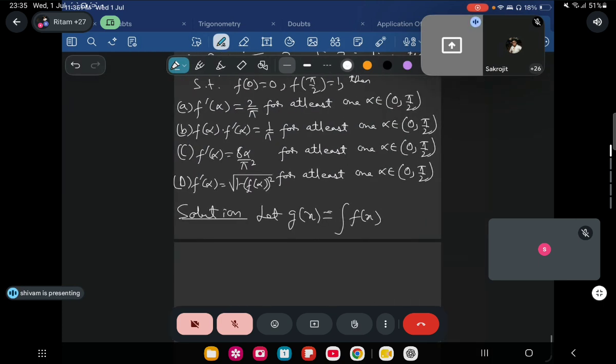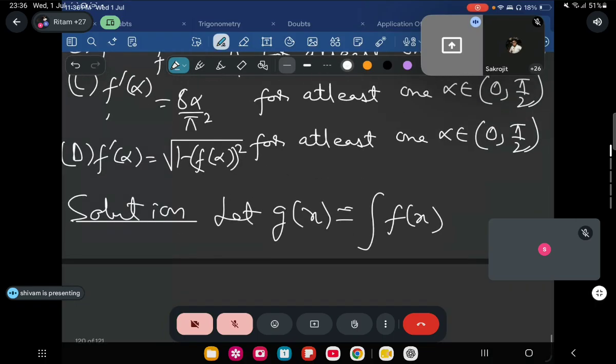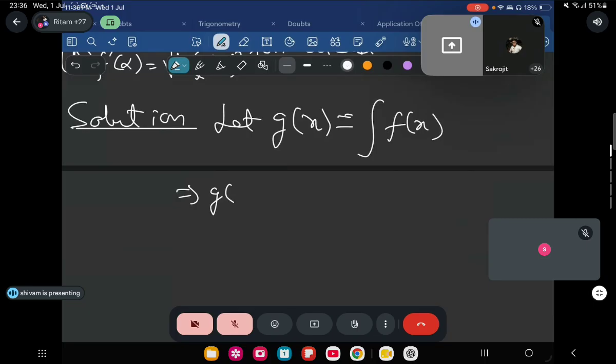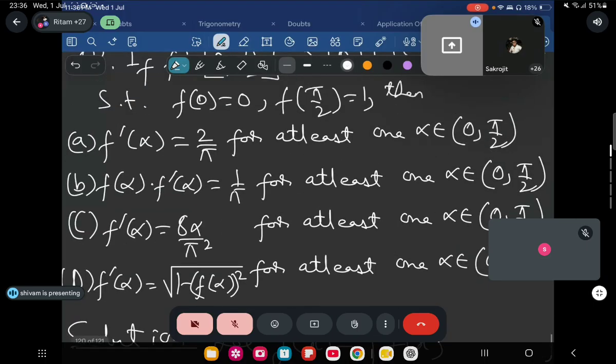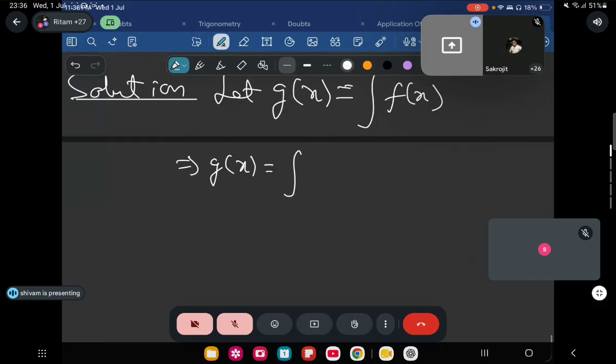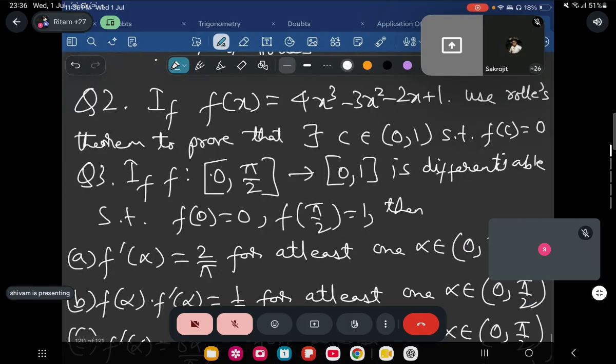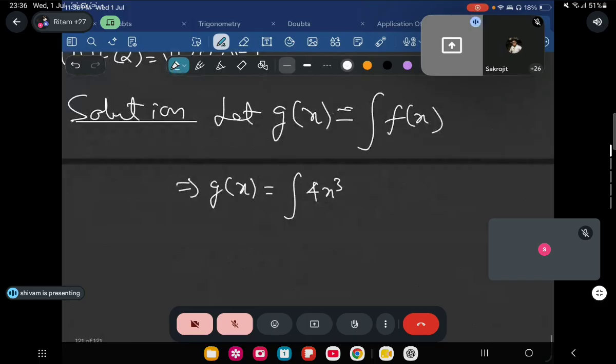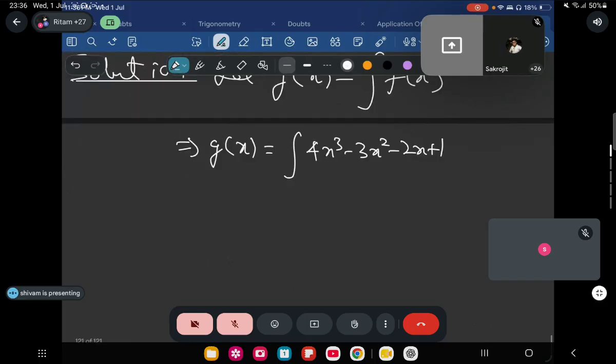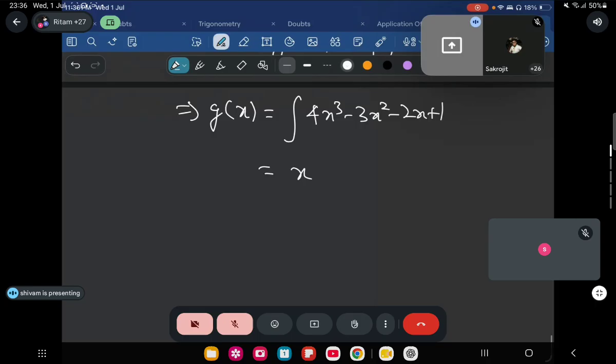Let g of x equal integral of f of x. So let us find out what g of x is. G of x will be equal to the integral of 4x cubed minus 3x square minus 2x plus 1. So let us integrate. This will become x to the power 4 minus x cubed minus x square plus x. Now let us verify Rolle's theorem.